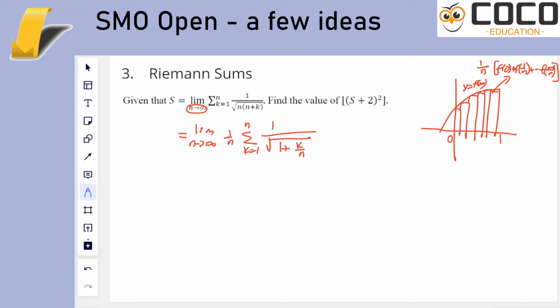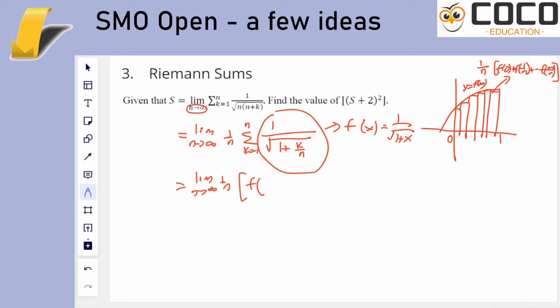Now you realize actually that this becomes your function f of x. 1 over square root 1 plus x is the function. And you are basically substituting in all the values from 1 over n all the way to n over n.